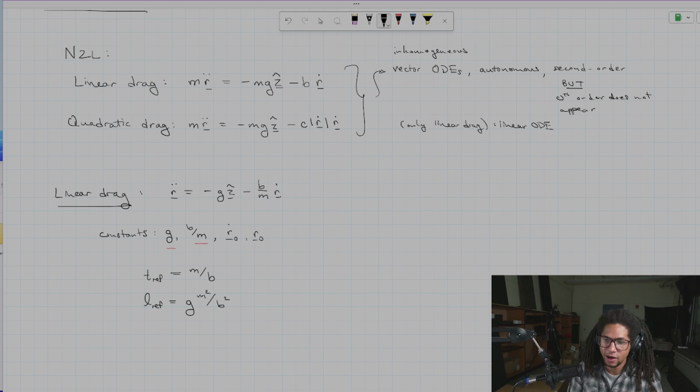Now let me define c by r over L ref, and I'll define tau to be t over t ref. These are definitions.